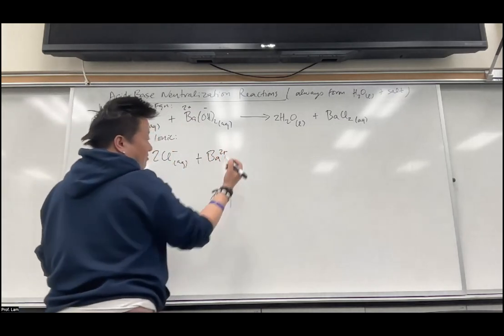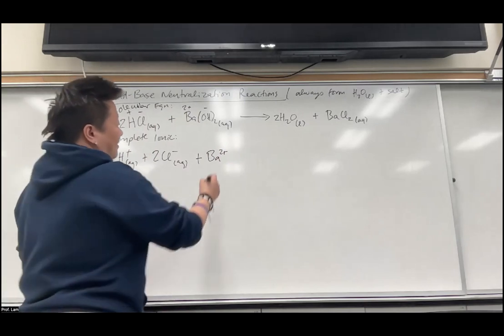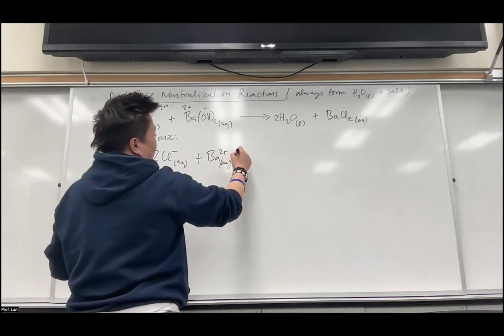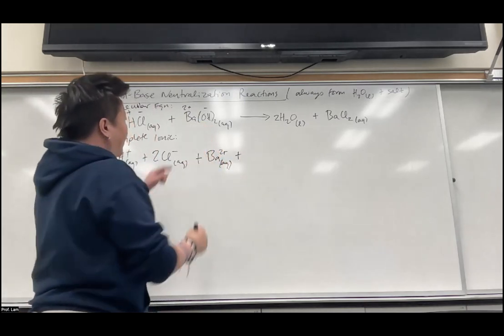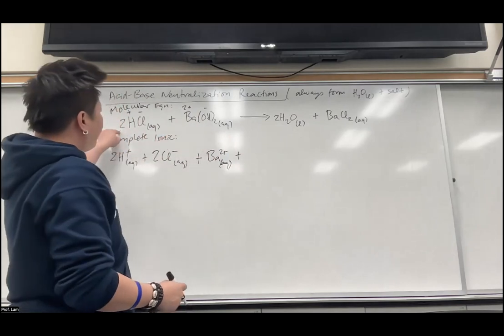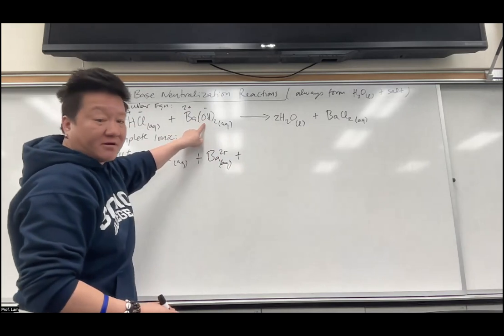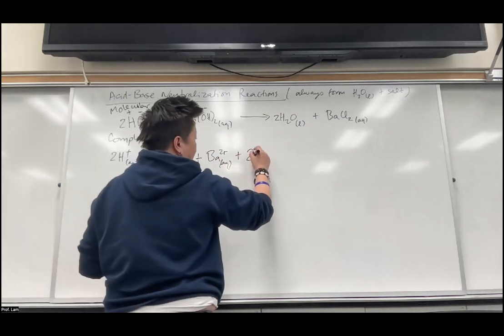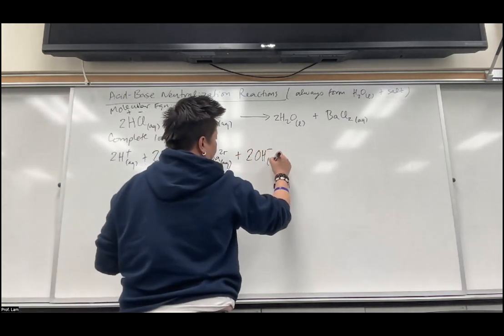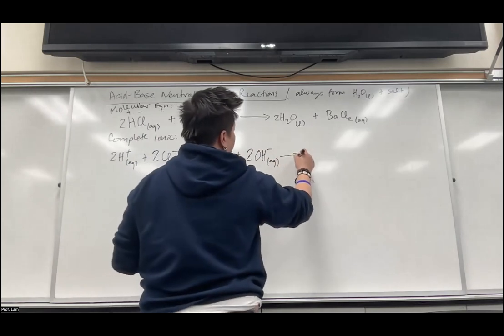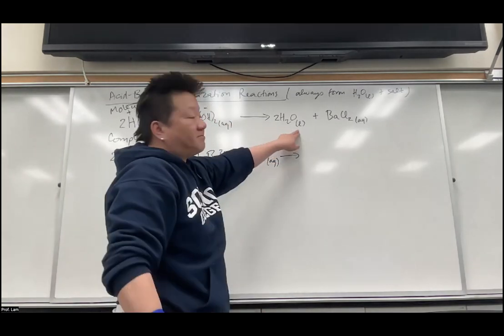Okay, just figure it out and then write it down. And then pay attention to the coefficients, right? And also the subscripts. That's telling you there are 2 units of hydroxide. Those 2.